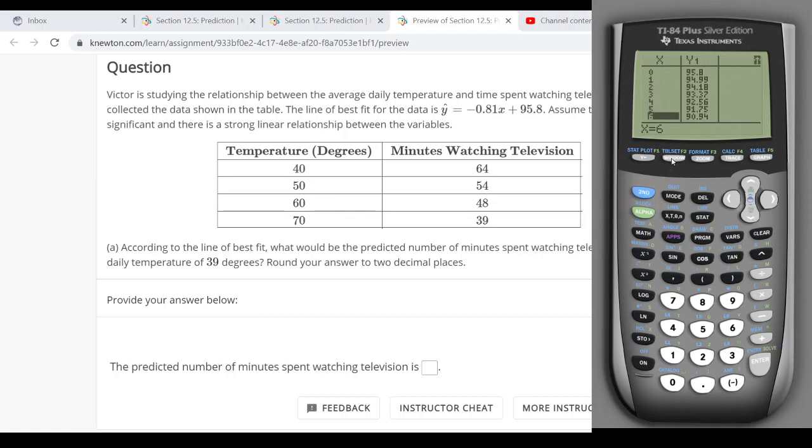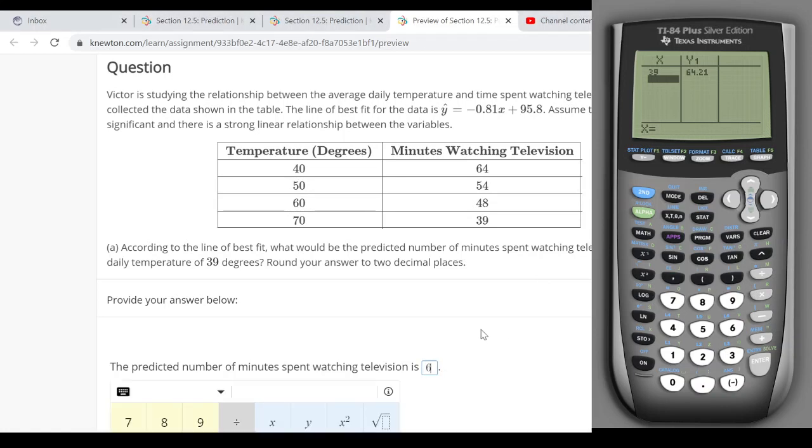Go to the table setup above the window, and down where it says independent, change that from auto to ask, and then go back to the table and you can enter whatever x value you wish. So I enter 39, and then you see 64.21, because that's what y1 was, the best fit line output. But either way, I'm getting 64.21, so that's what I'll enter here in the problem.